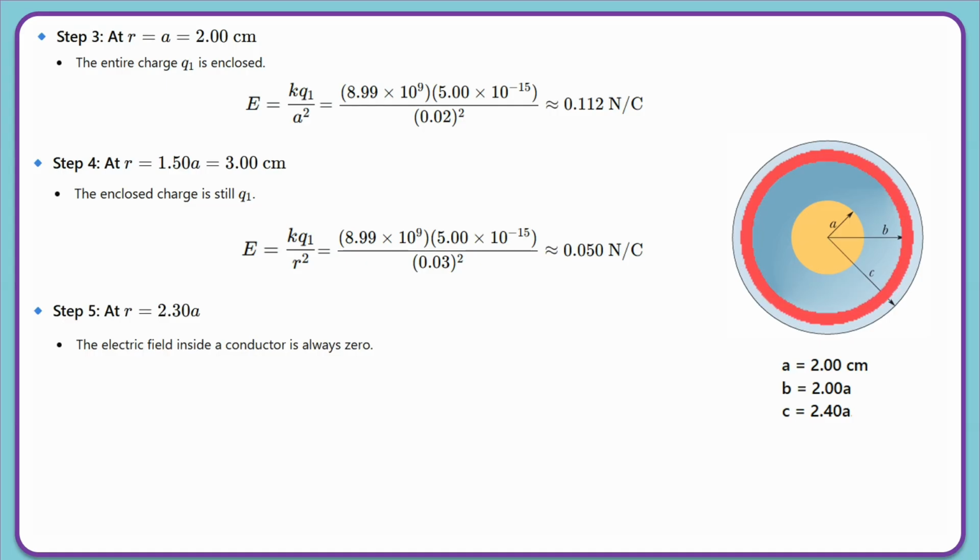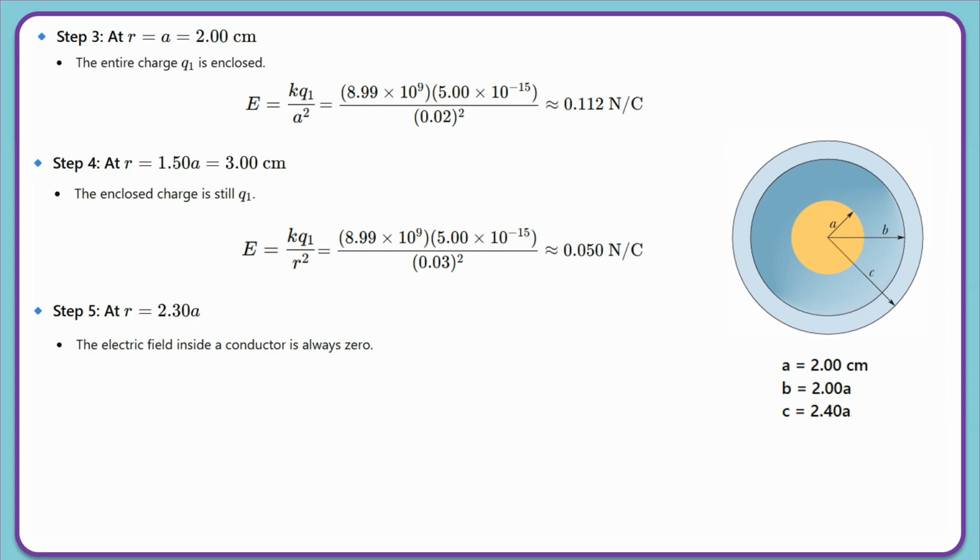the conducting shell. Remember an important property of conductors in electrostatic equilibrium. The electric field inside the conducting material is always 0. Why? The solid sphere at the center has a positive charge.